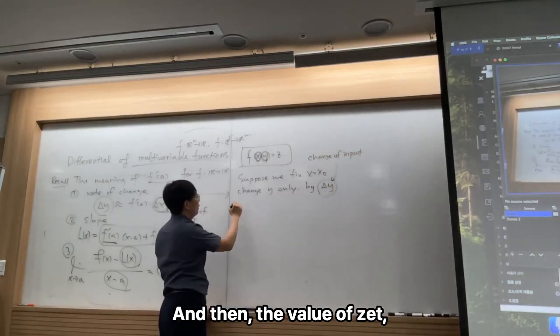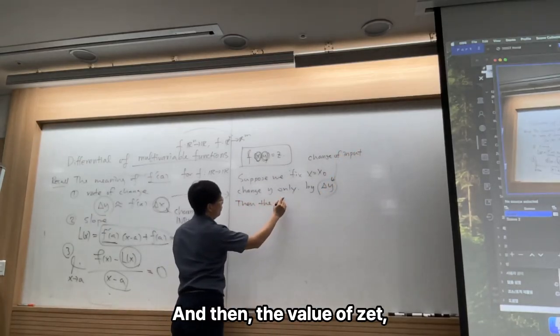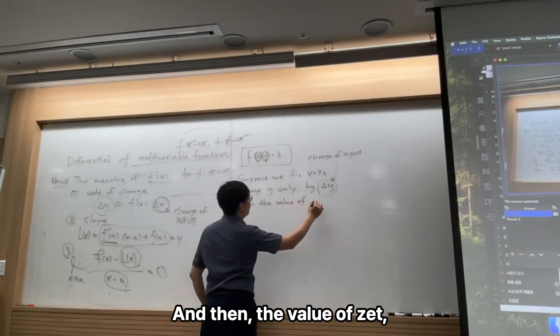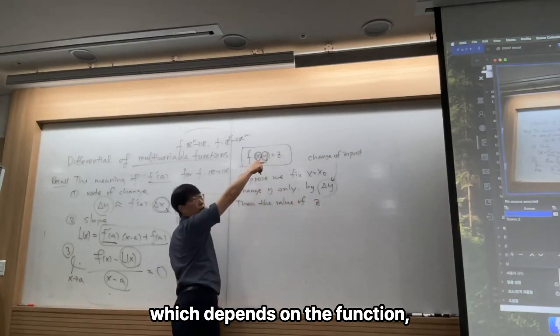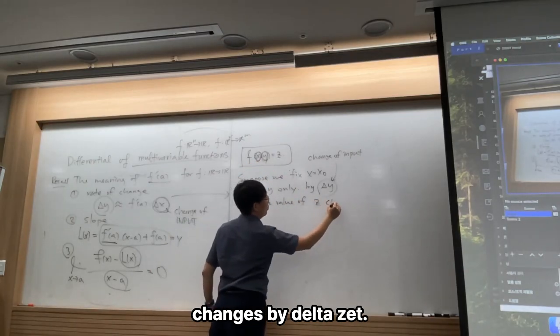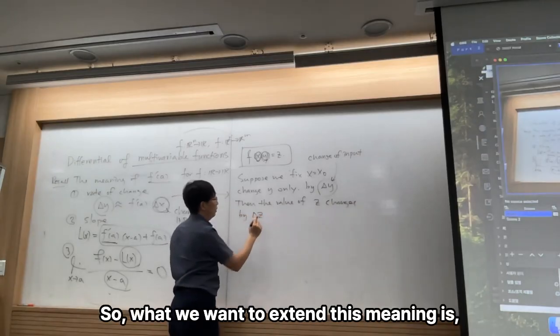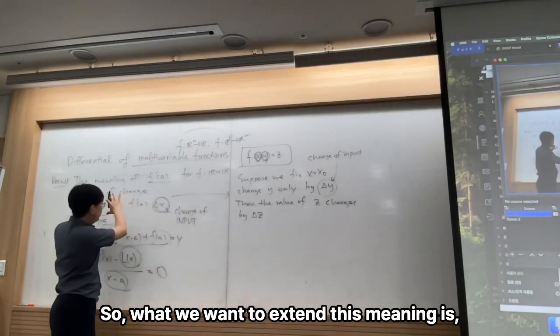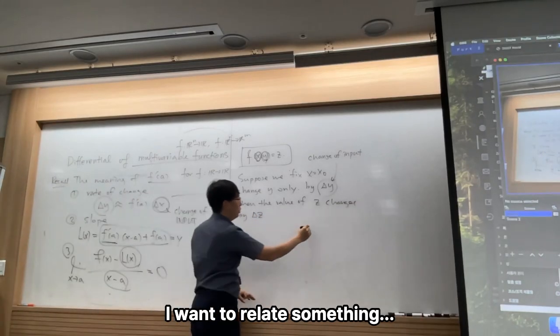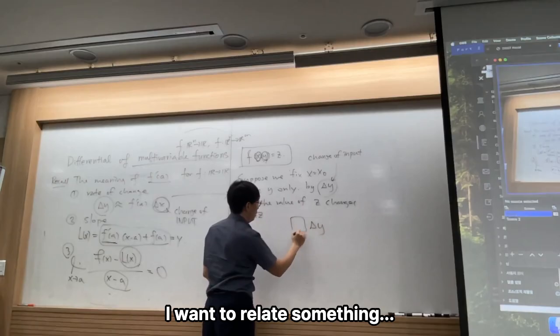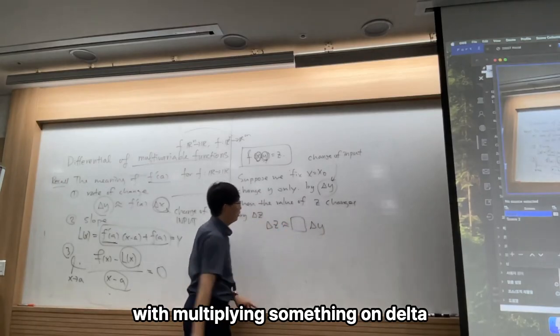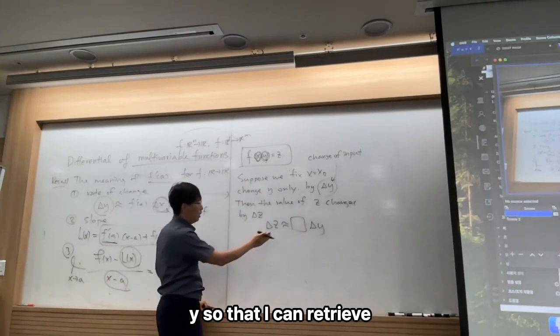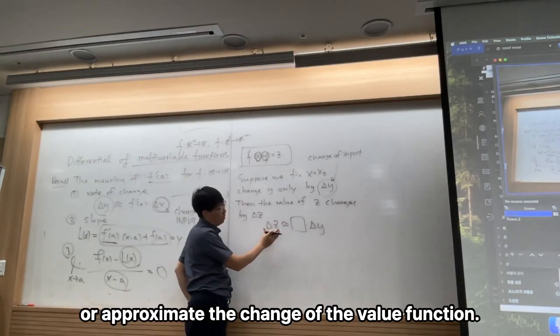And then the value of z, which depends on the function, changes by delta z. So what we want to extend this meaning is I want to relate something, multiplying it by delta y, so that I can retrieve or approximate the change of the value of the function.